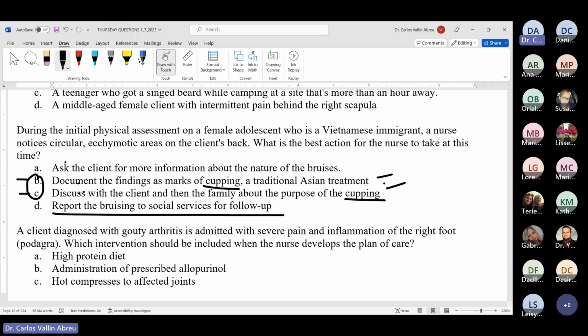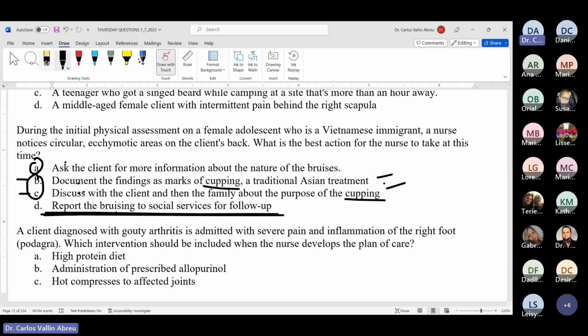And before reporting this, considering that we don't really know the nature of those bruises, and we suspect it could be a traditional Asian medicine that is not considered abuse, the assessment, asking the client for more information about the nature of the bruises, is going to win over all the other options.